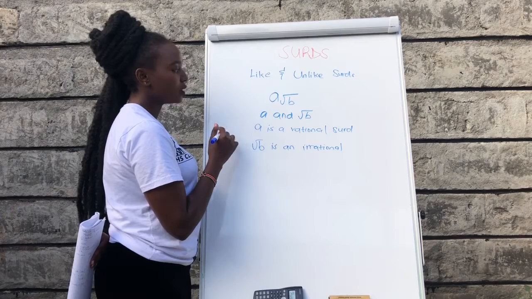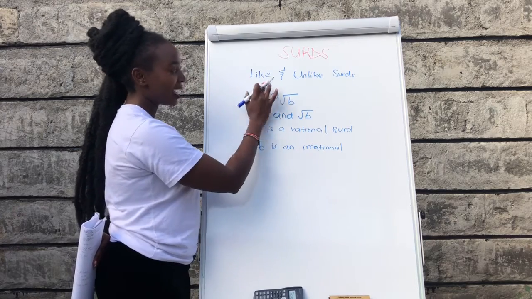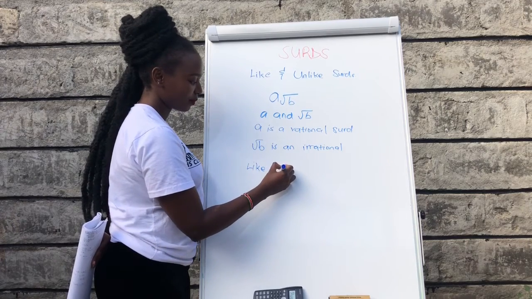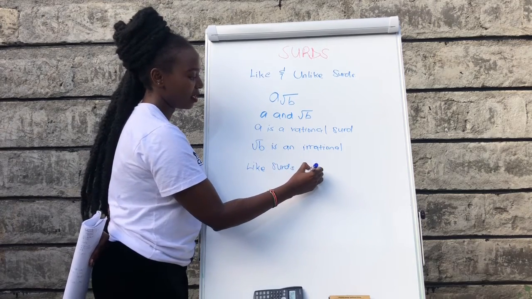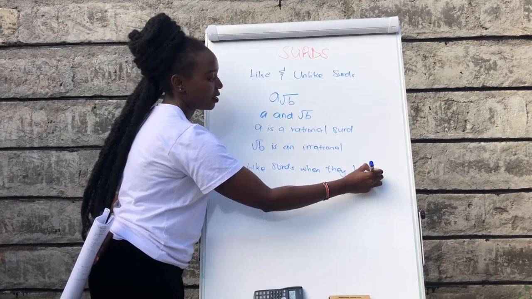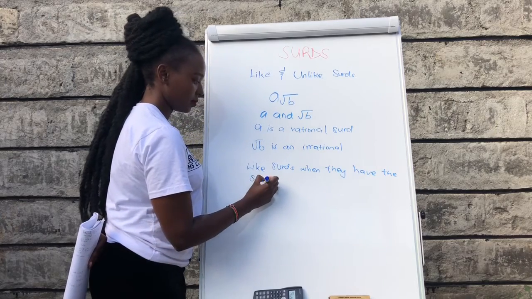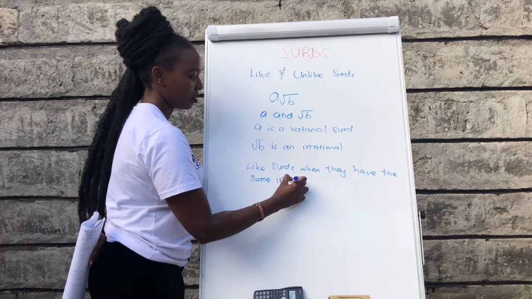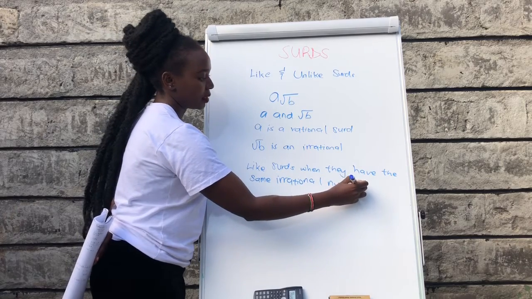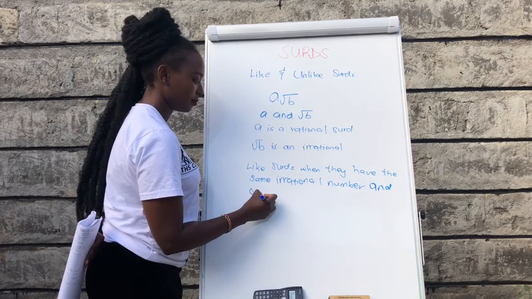So we always say that Surds are like Surds when they have the same irrational number, and otherwise they are unlike.